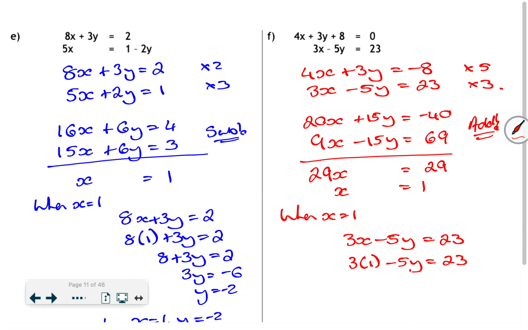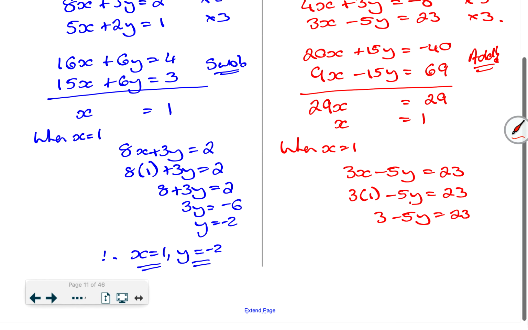So that would give me 3 minus 5y is 23. So it's minus 5y is equal to 23, take away 3, which is 20. So y has to be minus 4. So therefore, last line, x is equal to 1, y is equal to minus 4.